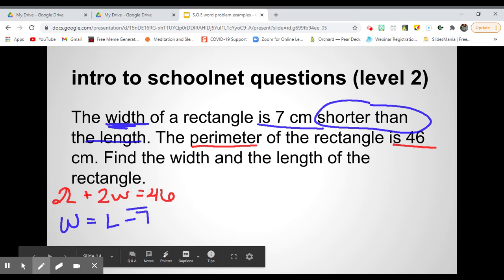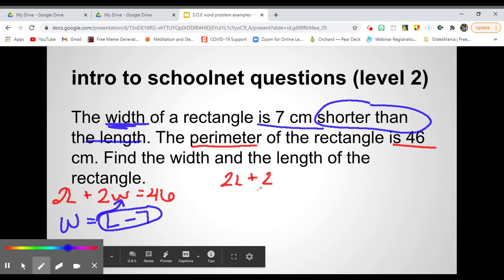Okay, now I'm going to use substitution. Again, be very careful. This one says that W is. So this particular part of the expression needs to be substituted in for W. So I'm going to do 2L plus 2, and then I'm going to multiply by L minus 7, and that is equal to 46.